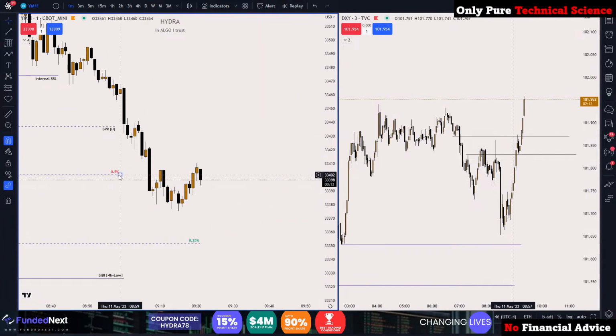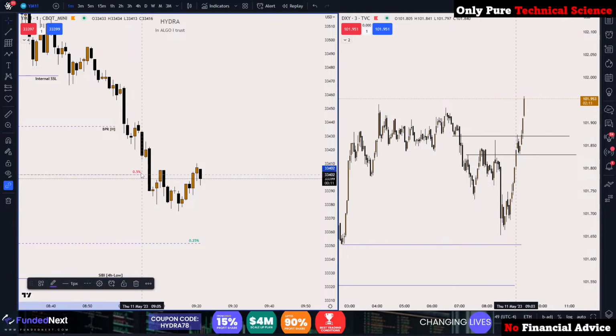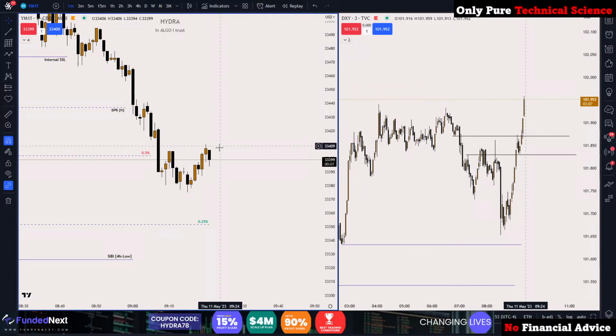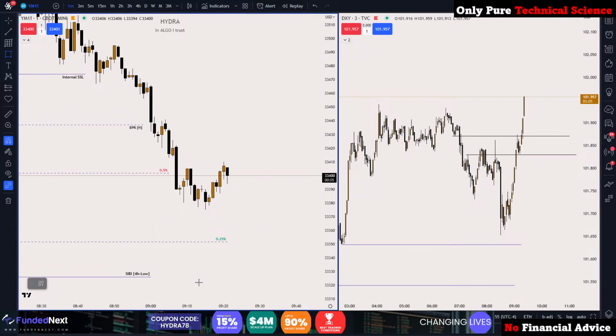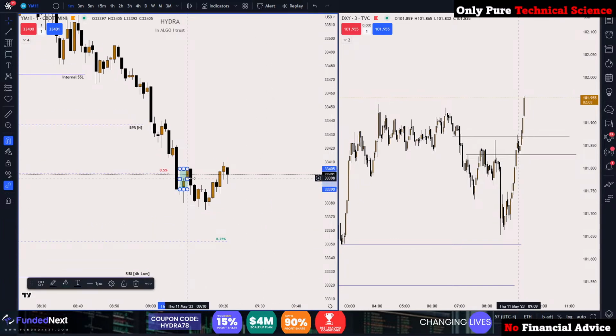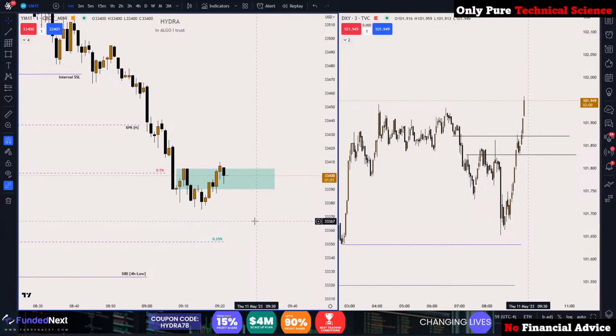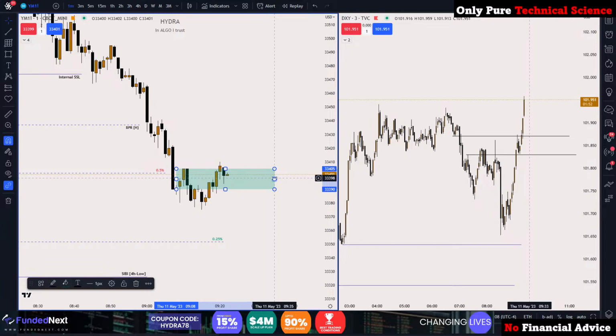Anyway, price came down into this consequent encroachment of that 3-hour wick. And that's a breaker block that I see again. But I'll not take a trade using this breaker block.